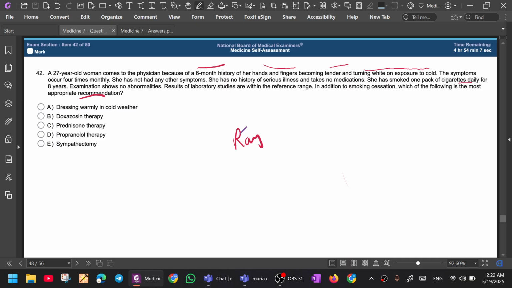Yes, doxazosin, prazosin, terazosin, doxazosin is an alpha blocker. It will actually work, but I never heard of it. Does an alpha blocker help? Oh, is it a calcium channel blocker? It is a calcium channel blocker, isn't it? That's true.